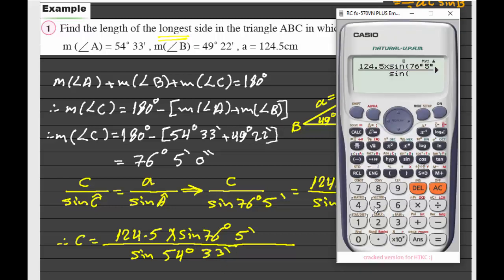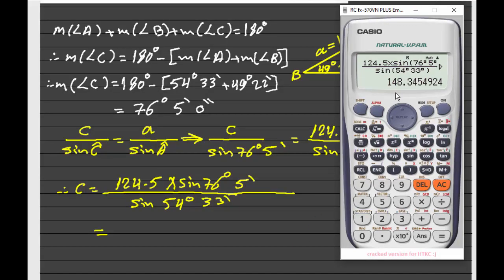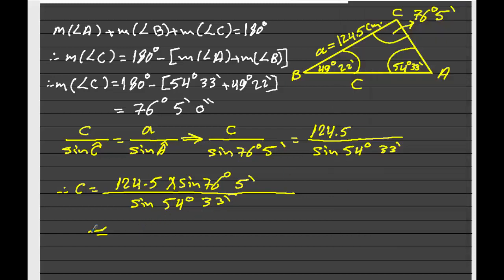Sine 54 degrees 33 minutes equals, 148.3 approximately. 148.3 centimeters approximately.